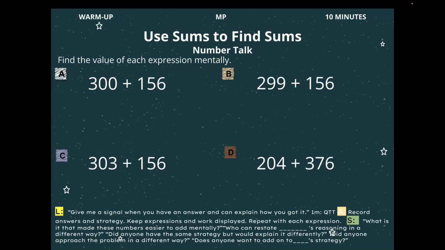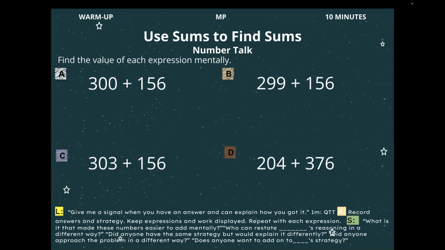So you have 299, and 299 is very close to 300, so I can add 1 to 299 and get 300, and then take 1 away from 156 and get 155. So then we have 300 plus 155, which equals 455.